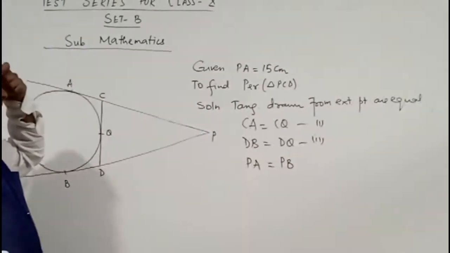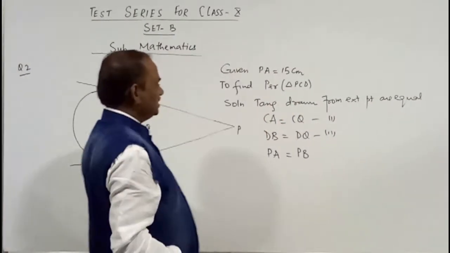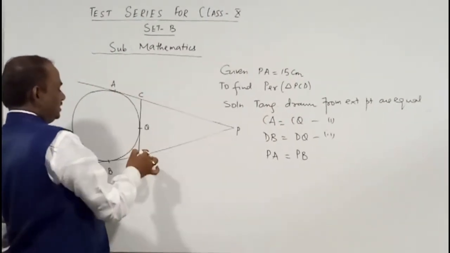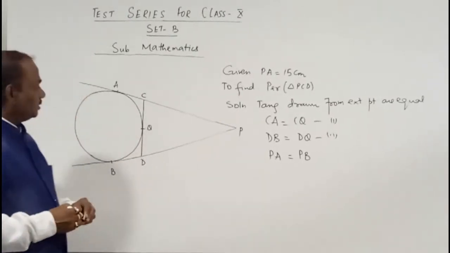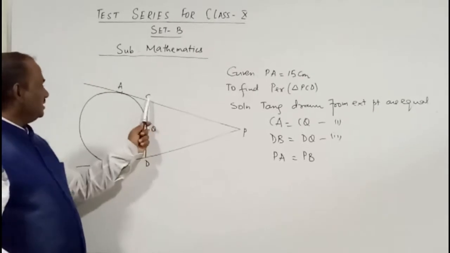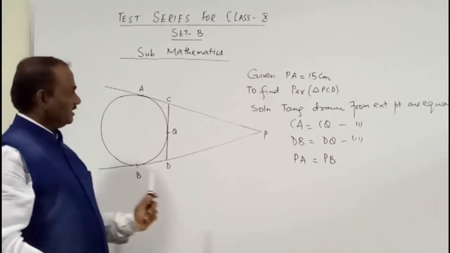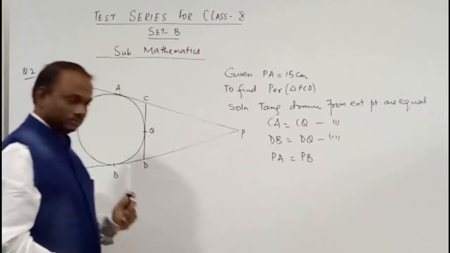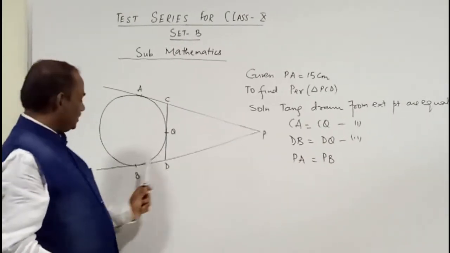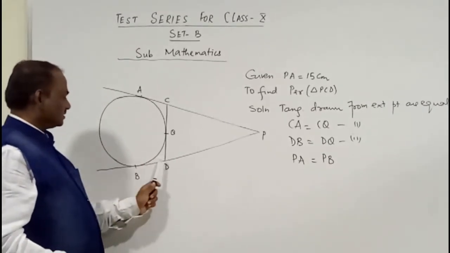Now students, here what do I do to bring this perimeter of triangle PCD? Perimeter means PC plus CD plus DP. Now if you look at this, PA has PC and CA. And CA can be written as CQ, as we have shown, CA is equal to CQ. Here you can say PB has PD plus DB and DB can be written as DQ.